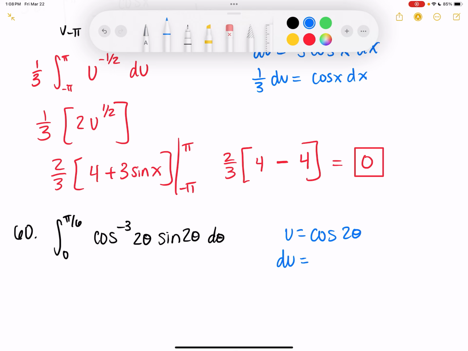So then du is what? Negative sine 2 theta times 2. Yep. And then do I have a negative 2 in there? No, so I'm going to move that over. So negative 1/2 du equals sine 2 theta d theta.